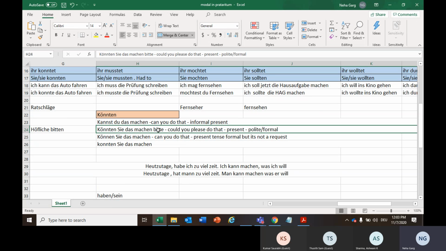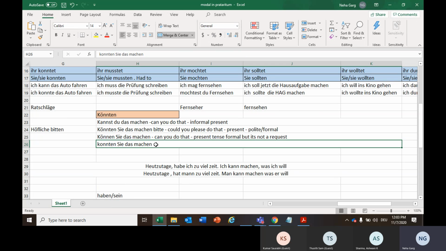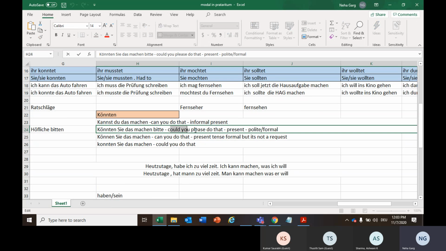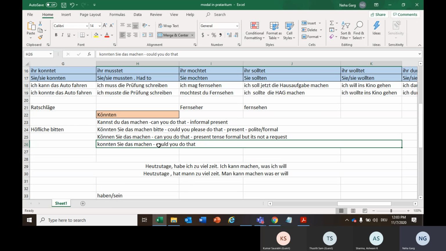So here again, this is a polite request, but konnten Sie das machen? That also means could you do that? But in past? Yes. So this is your ability to do something, but in past tense. So here also it means could you do that please? Here also means could you do that?